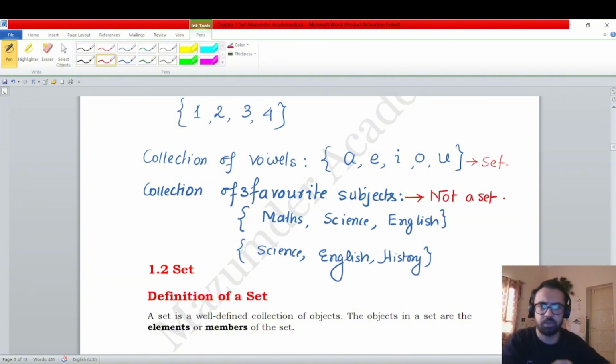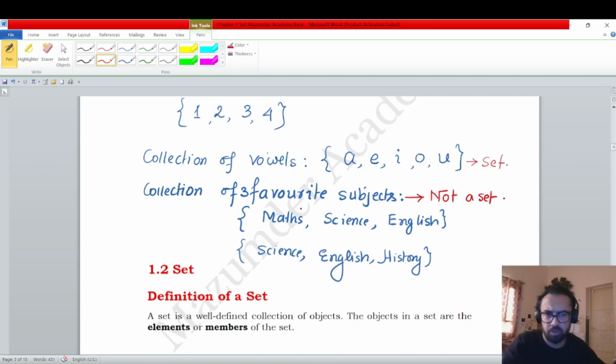So what we understand? Any collection whose elements are fixed, it will not change, those collections will represent a set. And if any collection whose elements will change, or it may change, or which is not properly defined, those collections will not represent a set. There are many examples.